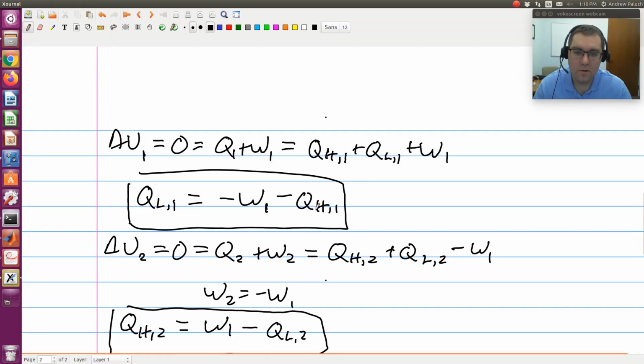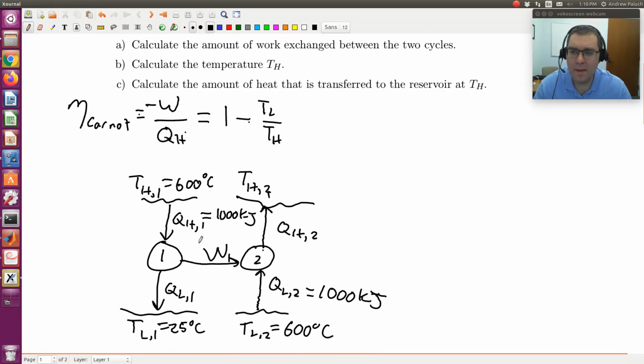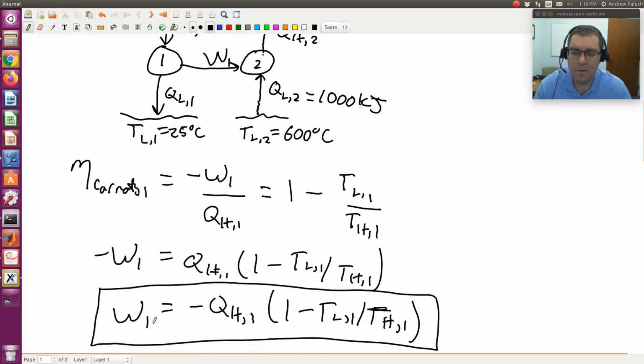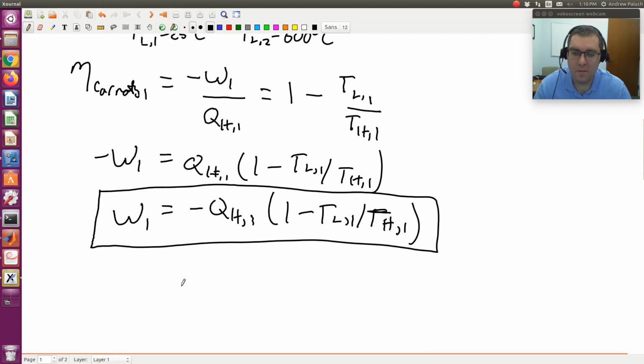If I come back up to problem 1, we said W1 is going to be negative, equal to negative QH1 times 1 minus TL1 divided by TH1. This term is less than 1, so W1 is negative and less in magnitude than QH1.